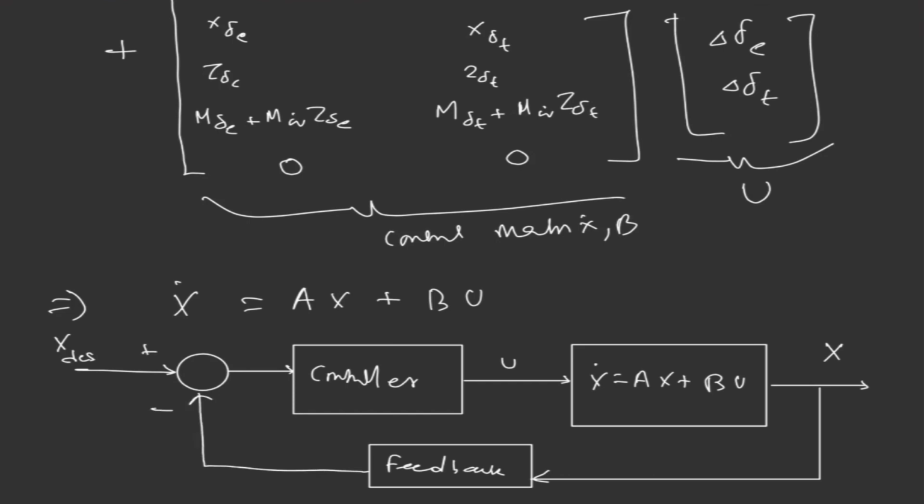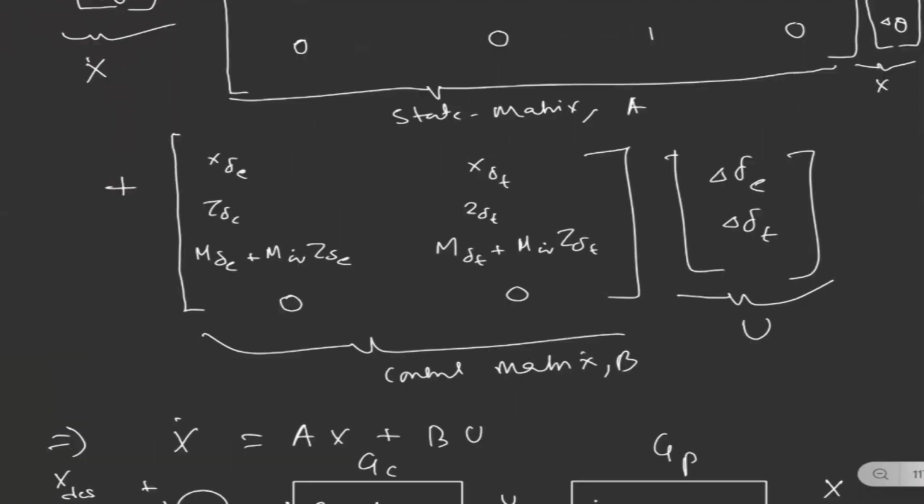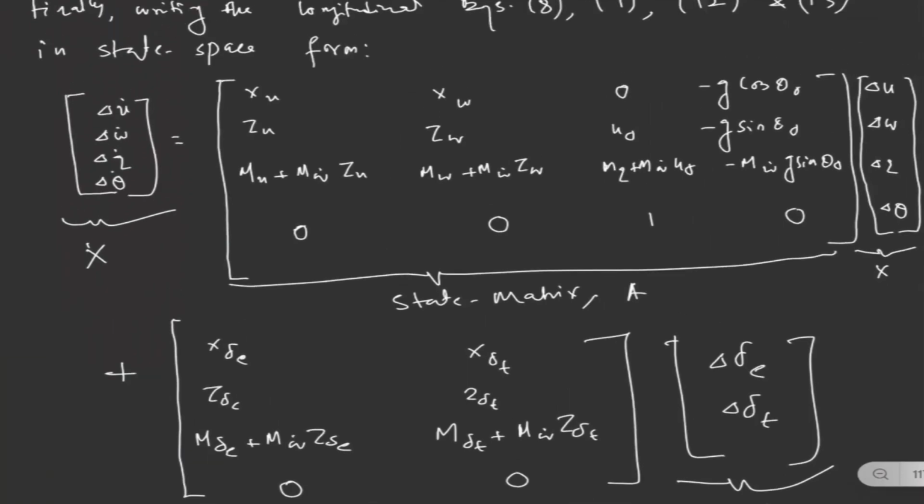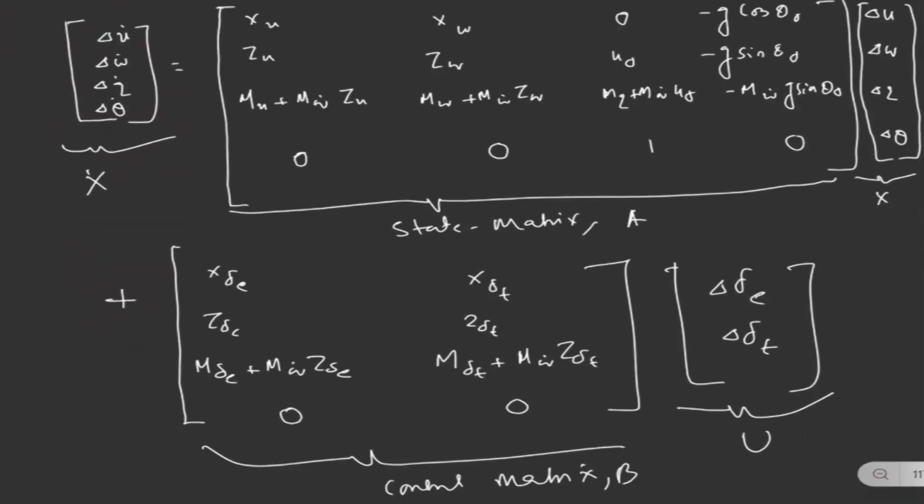So if we say this is our plant GP, this is controller GC, this is H of s, this is how a closed loop control system can be designed to control the desired values delta u, delta w, delta q, delta theta.